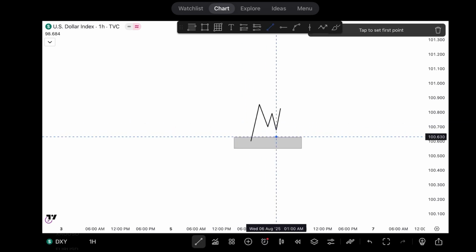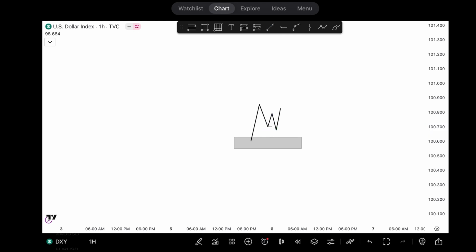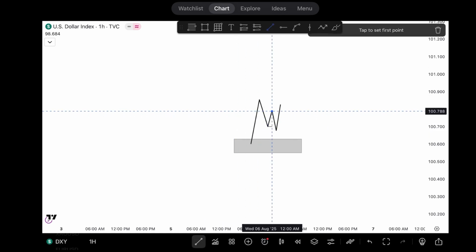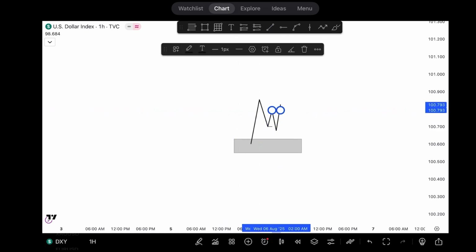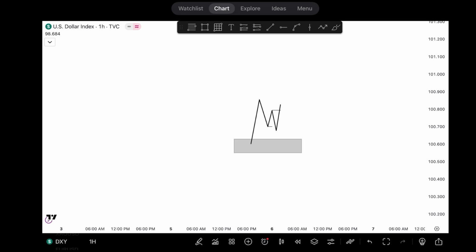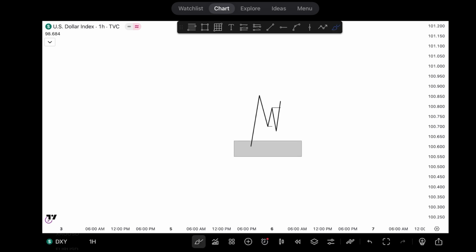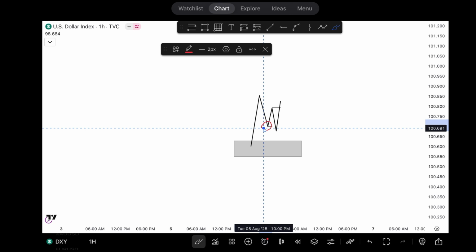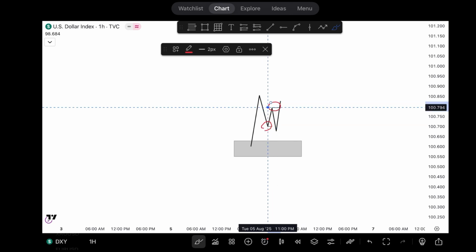In this case, this is the liquidity price swept to the left before what? Before breaking this structure. Do you understand? Price swept this particular liquidity before breaking this structure.